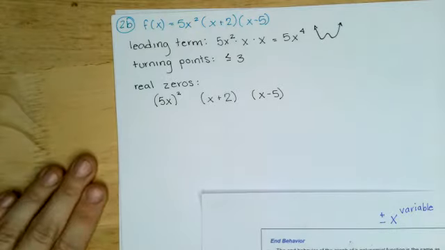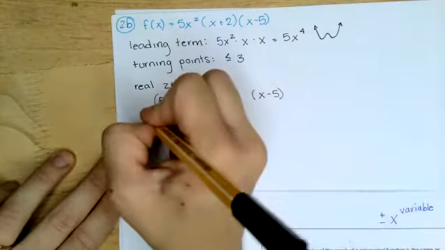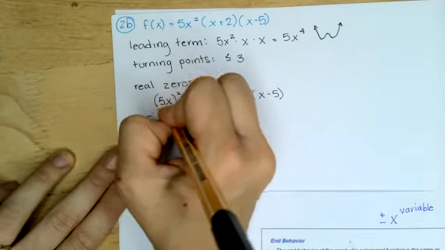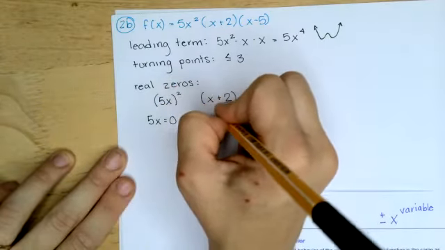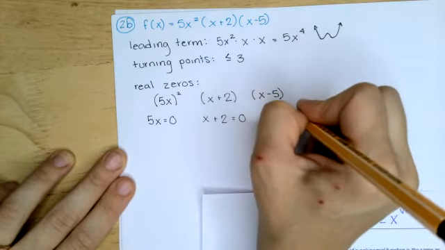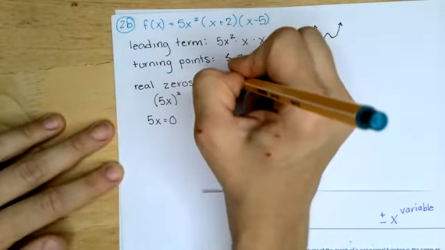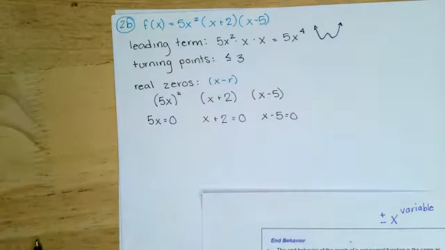And we can just set those equal to 0 without their exponents, so don't worry about the exponents. 5x is 0, x plus 2 is 0, and x minus 5 is 0 to find your r, because x minus r is where your real zeros are when you're factoring.